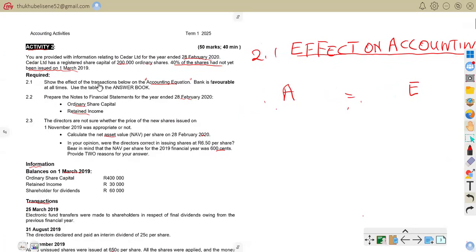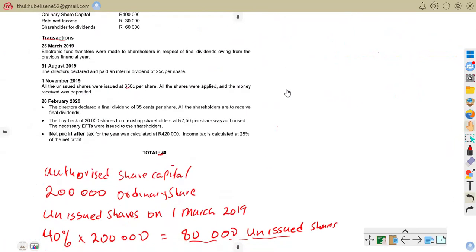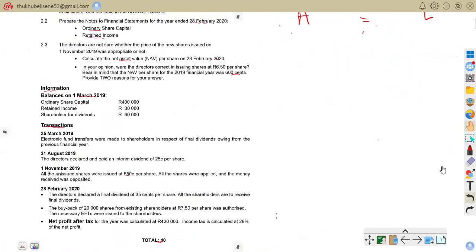So like it has said, get this very well, the effect of transaction. So here are our transactions, and here are the effects of these transactions on the accounting equation.